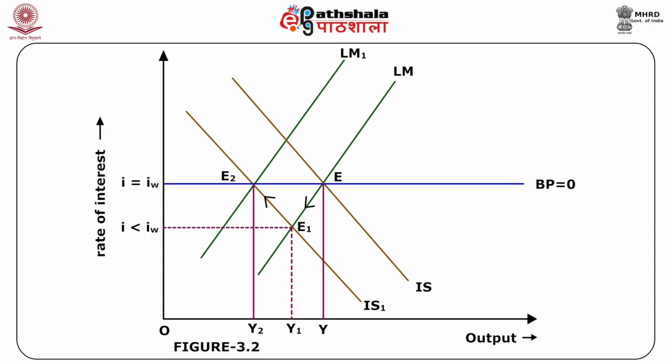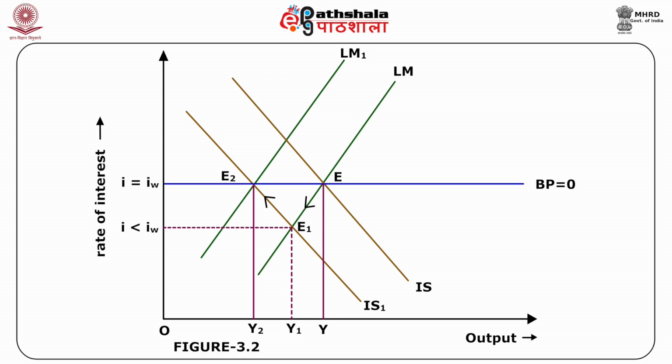But since the economy has adopted a fixed exchange rate system, the central bank will reduce the money supply by selling foreign exchange. This reduction in money supply will shift the LM towards left, and the new equilibrium will be at E2, where IS1 and LM1 intersect and domestic and world interest rates are equal, that is I is equal to IW.